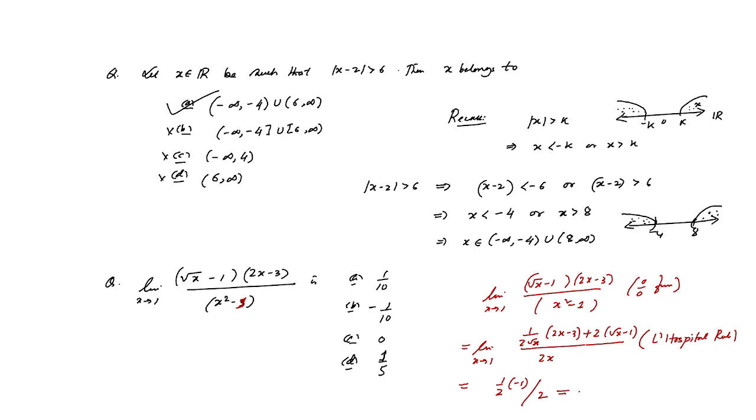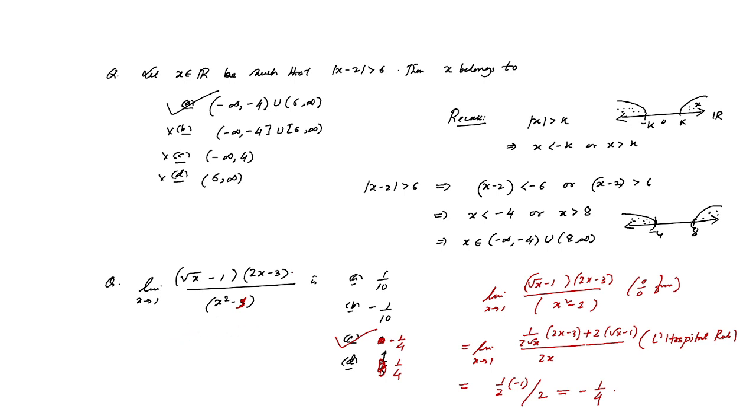So obviously the limit will be minus 1 by 4. I just changed the options to minus 1 by 4 and 1 by 4 like that. So minus 1 by 4 is the correct option according to this problem.